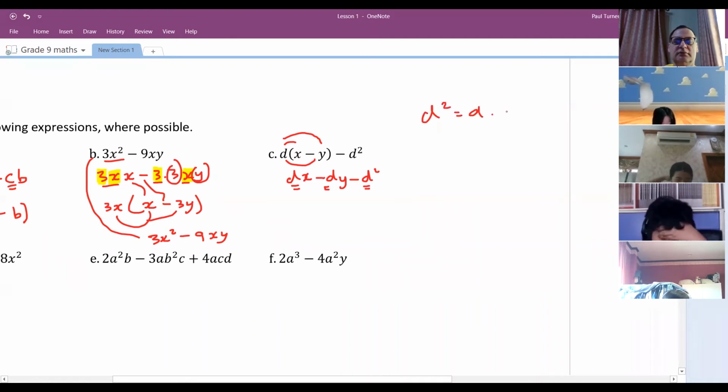Okay, like that. So here it looks like d is your common factor. So take d out, you're left with x minus y minus d. Okay, so dx, dy, and d squared. So this looks the correct answer here. There's no more common factors in here.